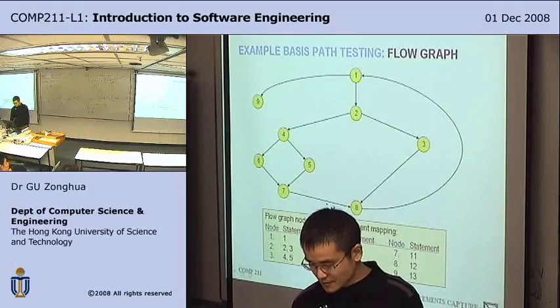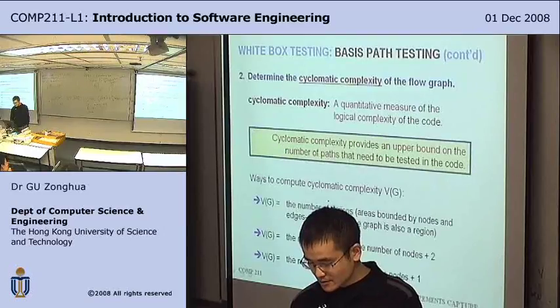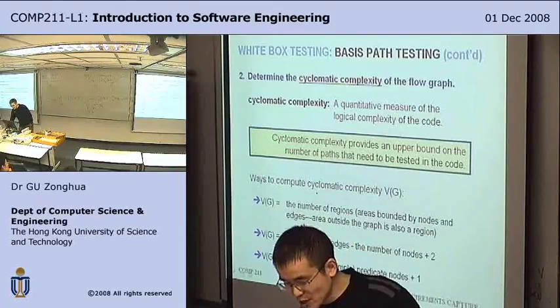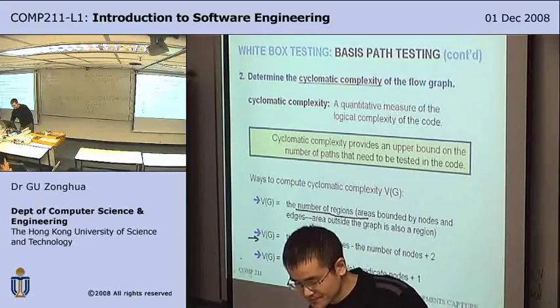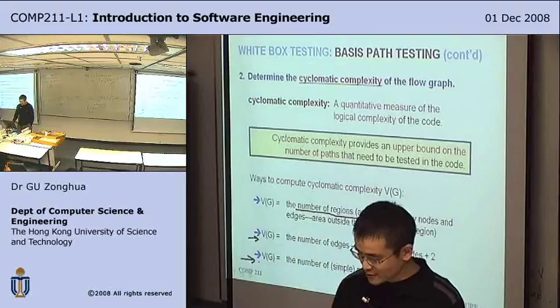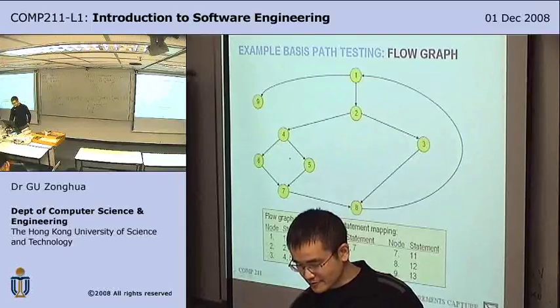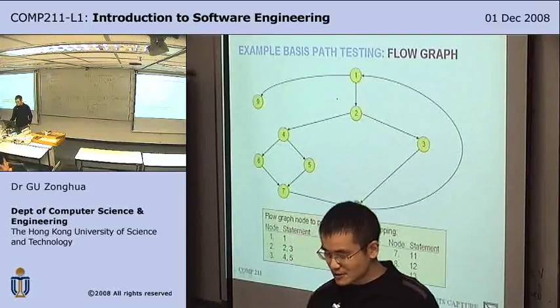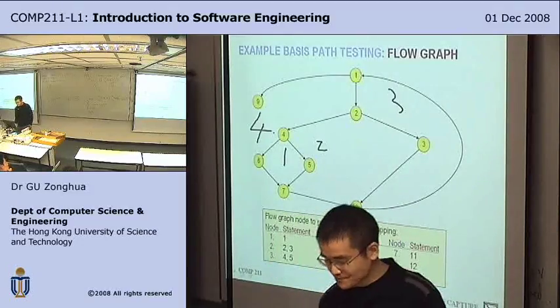Cyclomatic complexity: the most common way of determining it is to count the number of regions, and the other 2 ways get the same result, for example number of edges minus number of nodes plus 2. Then you determine a basis set. For this example, you have 1, 2, 3, 4. Cyclomatic complexity is 4 because there are 4 regions: 1, 2, 3, and 4 is the one outside.